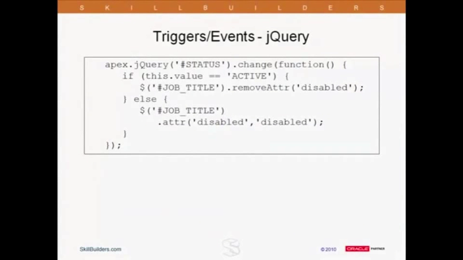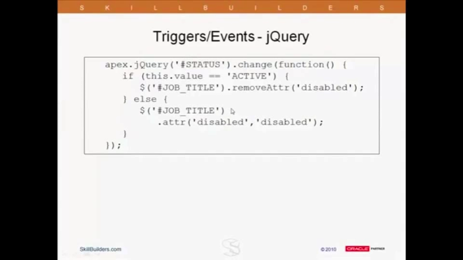Here's the jQuery syntax to essentially create that same trigger. We're using our ID selector to get that status element. And then we use a jQuery helper here for change. The trigger said for update, but here we just say change. So if the status element changes, it's going to fire this anonymous block. Triggers in a way are sort of like anonymous blocks, right?